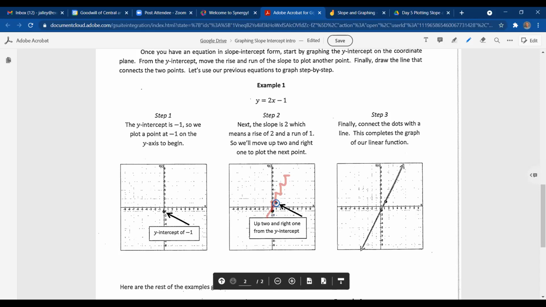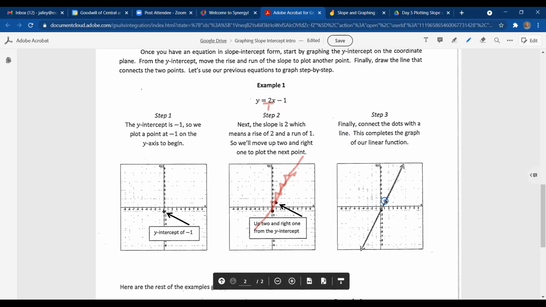Now, I don't know if I can draw a straight line here. Or no, that's not too bad. But the end piece on each one of those is the point that I placed on the graph. Because I went up 2, rise 2. Remember, put that 2 over 1 if you need to remember the bottom number as your run. And then I got a straight line.